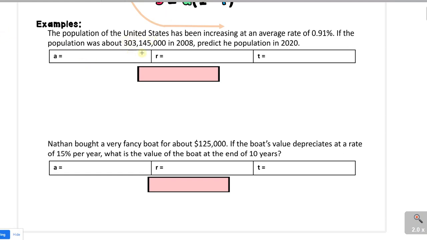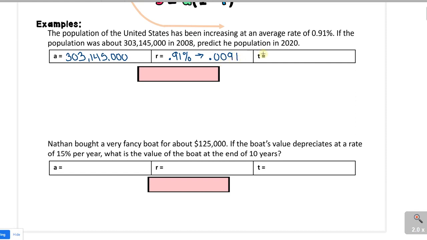Our A is our initial amount. So 303,145,000. Our rate is our percent, which is 0.91%, but we have to change that to a decimal. That's 0.0091.